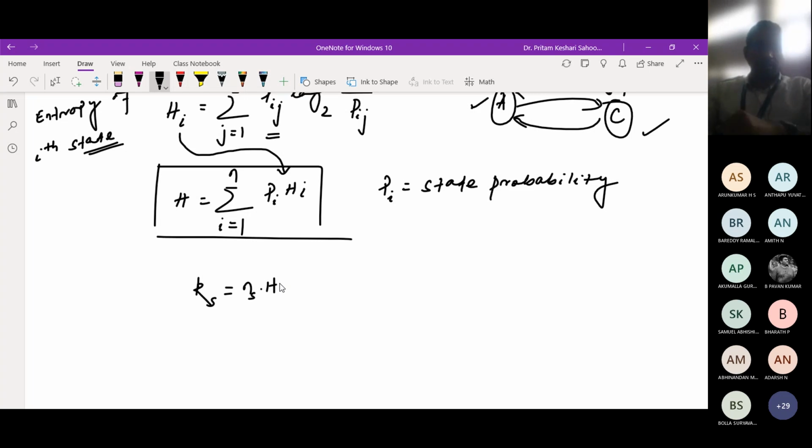Okay, so this is the information rate of any Markov process. All right, so any question at this point?